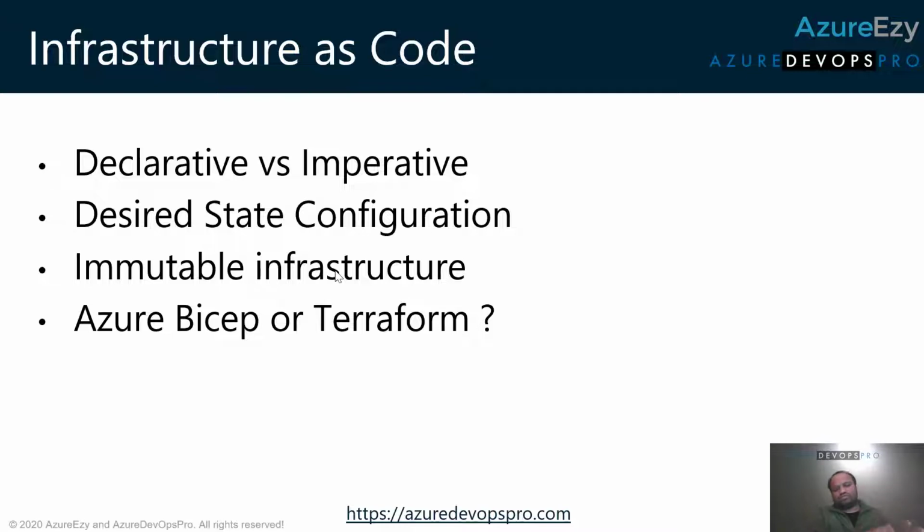Because if you want to go to Terraform because of similar benefits, then the whole thing is quite time taking. You may have to upgrade skills for your team, and a lot of things you will have to plan. However, for Azure Bicep, it's quite easy to convert the existing ARM template into an Azure Bicep file.